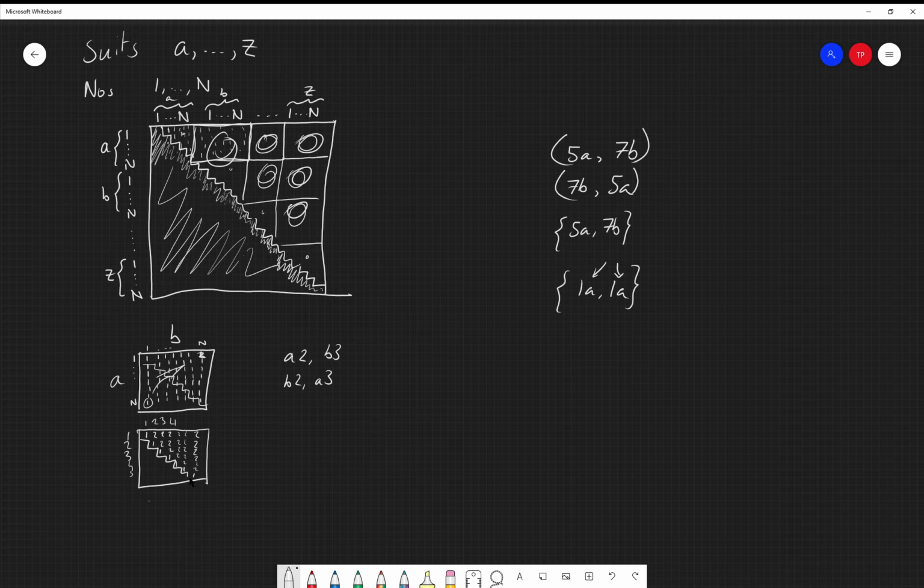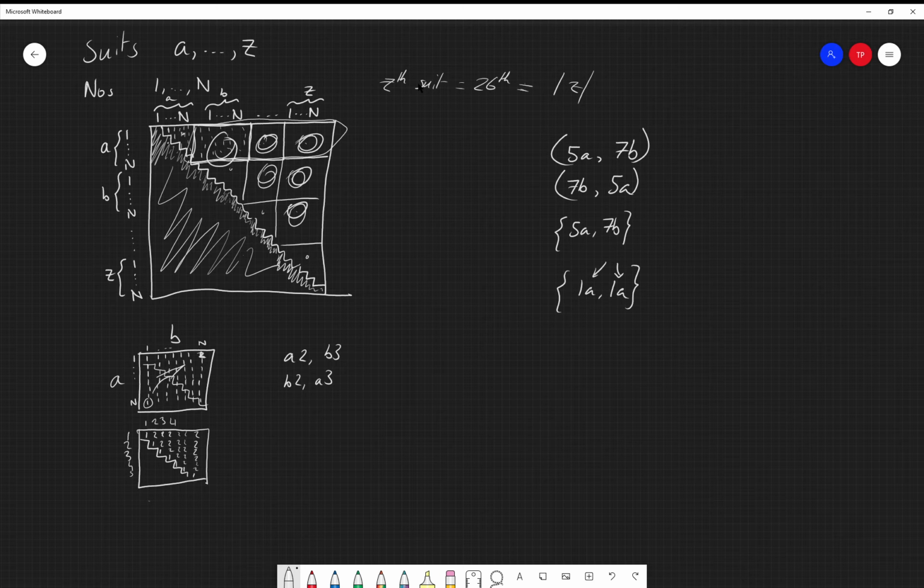So what we need to know is how many of these squares there are. In this case, there's 1, 2, 3, 4, 5, 6, but in general, how many would there be if we've gone from A through to Z? Say Z is the 26th suit, but in general it could be any number of suits, and we'll just denote that with Z like this.